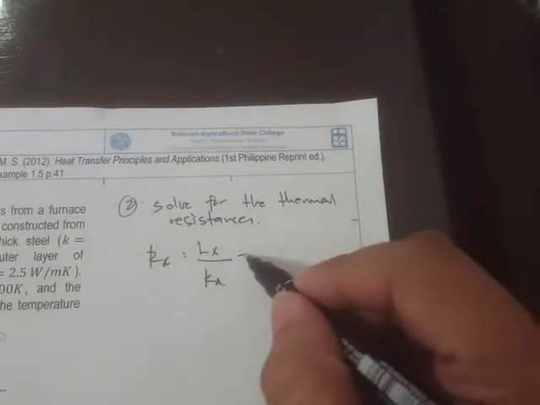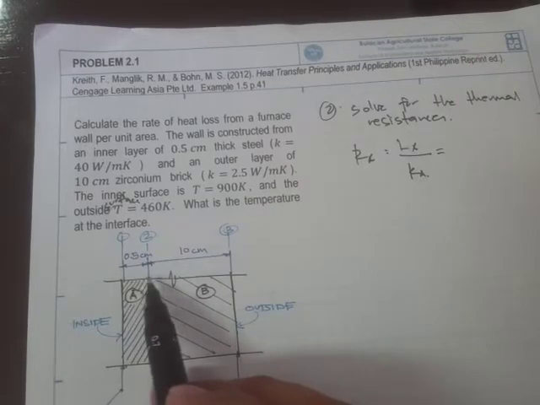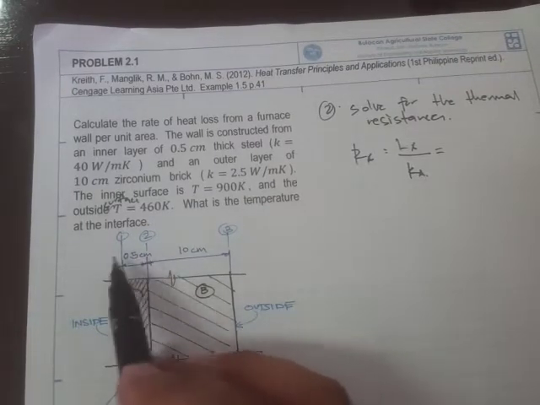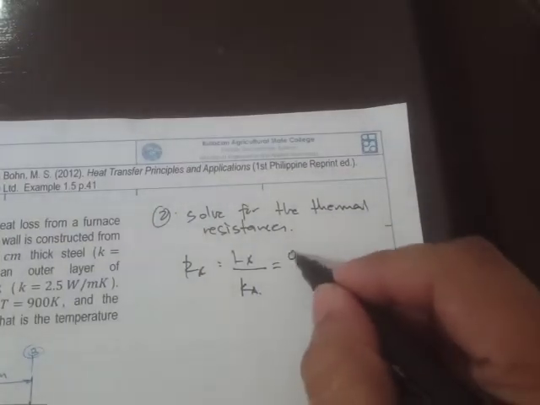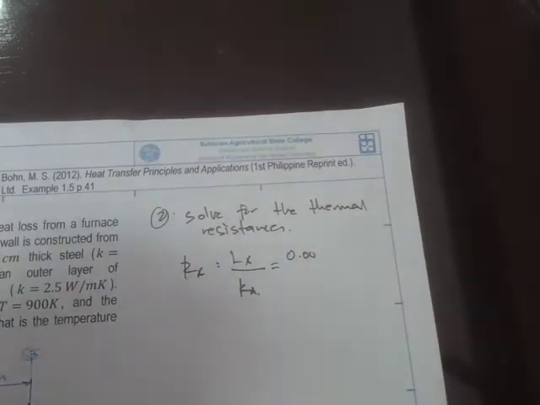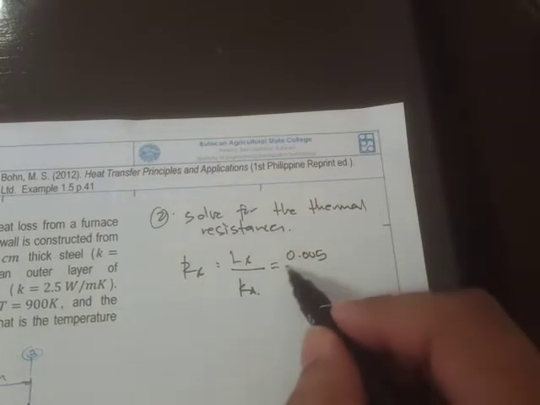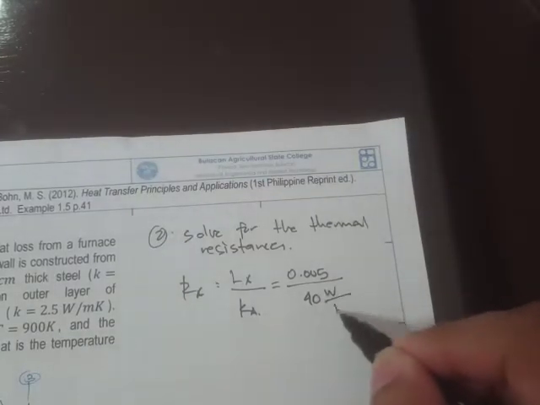Okay, now let's substitute the values. What's the thickness of A? We have to convert the units from centimeters to meters, which is 0.005 meters, so 5 divided by 100. This is divided by k, which is 40 watts per meter Kelvin.